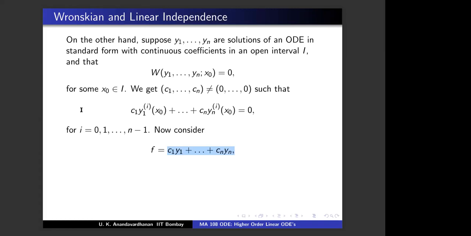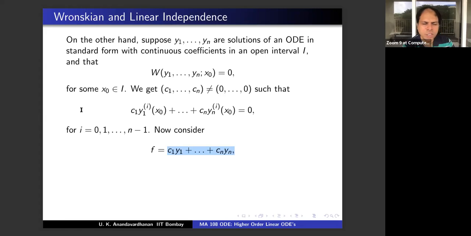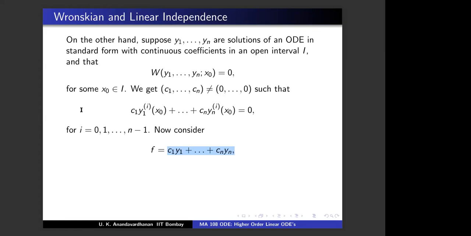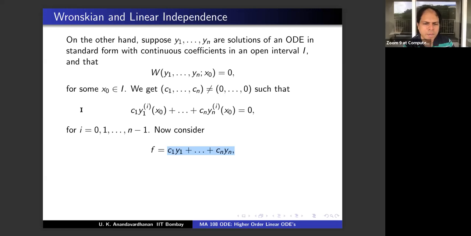The given differential equation together with each row of the Wronskian at x0: y at x0 is 0, y prime at x0 is 0, etc., the n minus first derivative at x0 is 0. So the constant function 0 clearly satisfies that, but does f satisfy that IVP?